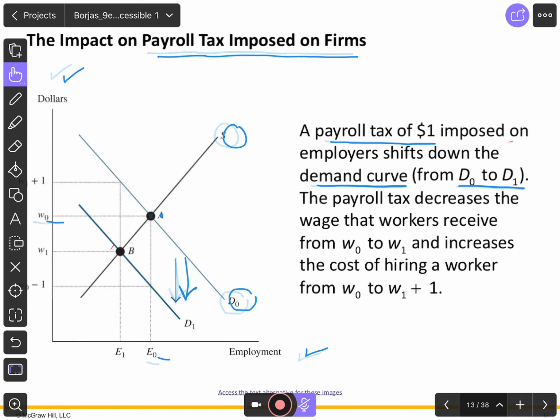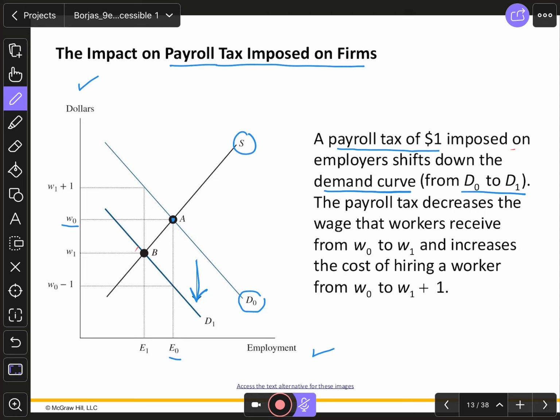Let me just show you the entire graph. Looking at this graph, if they want to maintain the same number of people employed, then they actually have to reduce the wage all the way down to W0 minus 1, which is how much they are paying to the government.